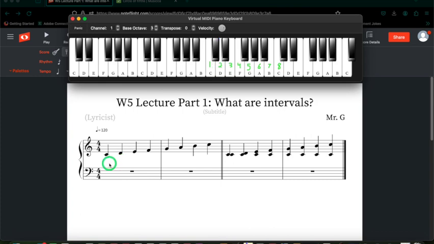The distance from C to E, E is 3 steps away from C, and that's why it's a third. C to F is a fourth. C to G is a fifth. C to A is a sixth. C to B is a seventh. And then C up to C is an eighth, or an octave.